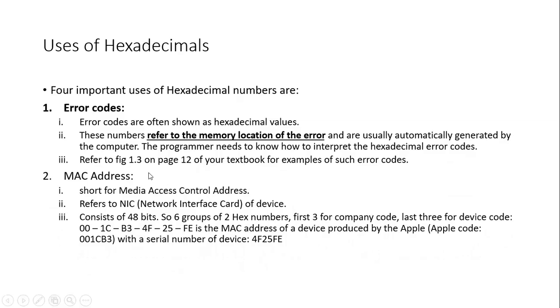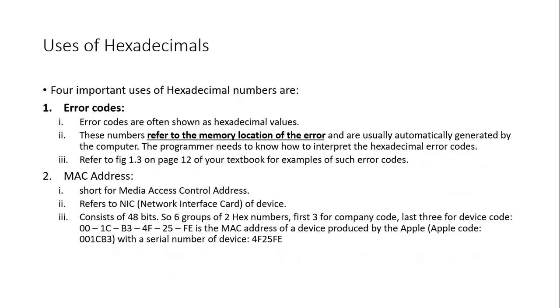Then we use hexadecimals for MAC addresses, media access control. Every device, when it is manufactured, if it is to be connected to the internet, for example your mobile phone, your laptop, your digital watch or anything, will have a NIC card.